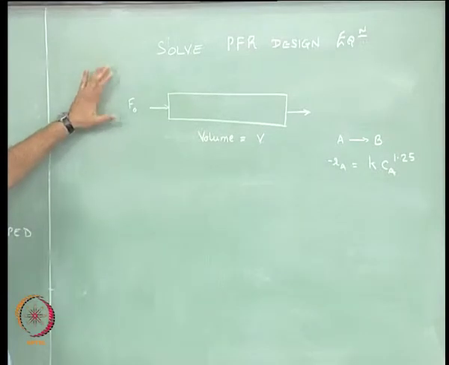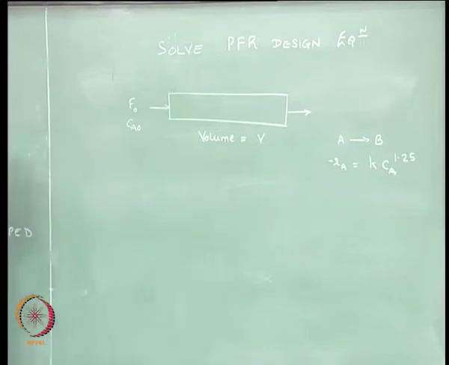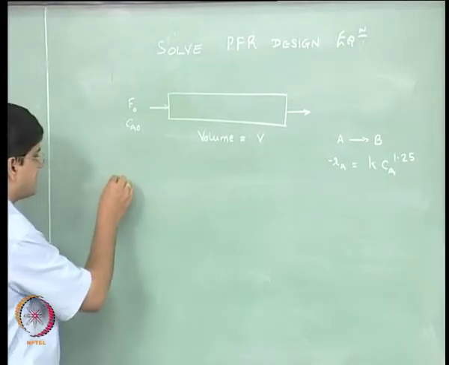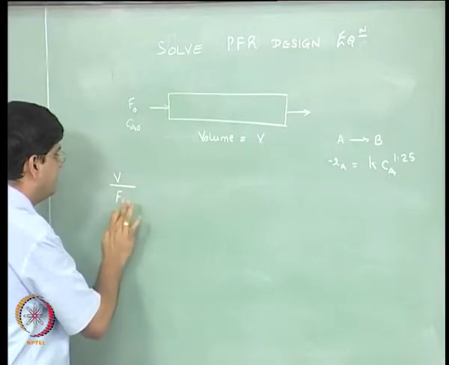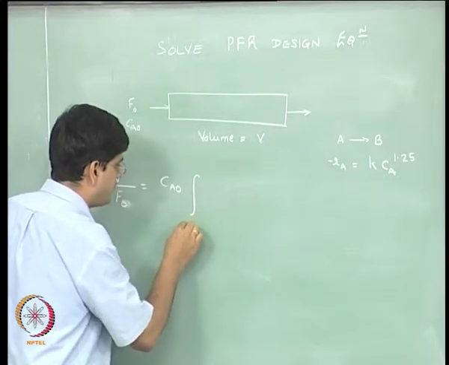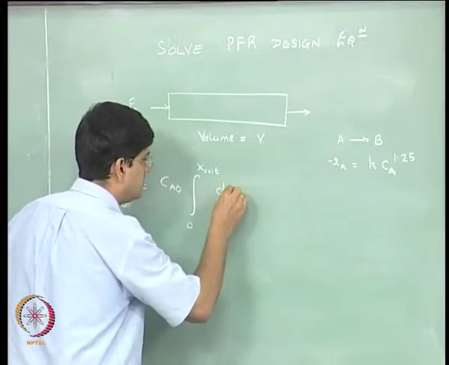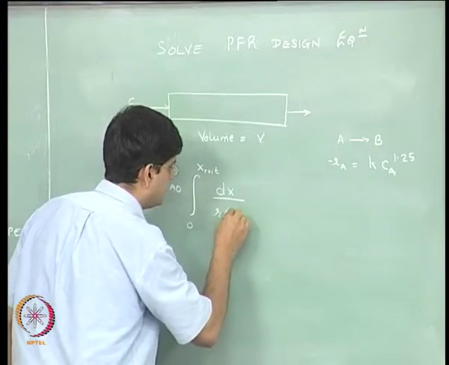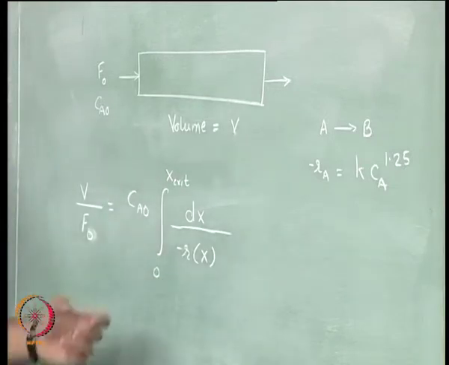We have the flow rate coming in at F0, and the overall initial concentration of the species, let us say, is Ca0. So then the equation is V by F0 is going to be Ca0 integral from 0 to X exit dX by minus R, okay, where R is really the rate of reaction.